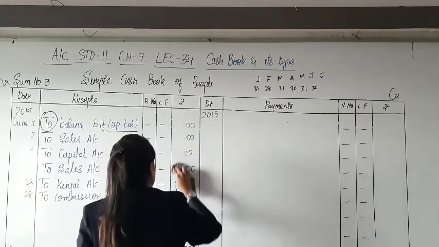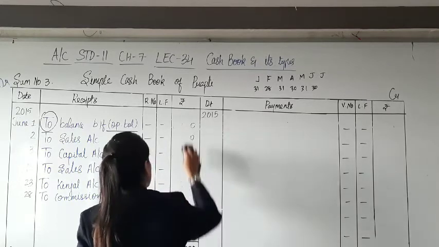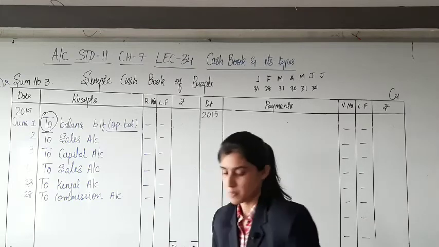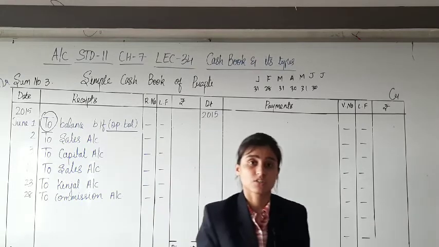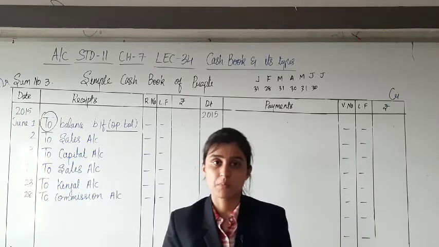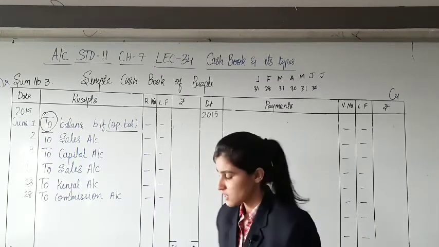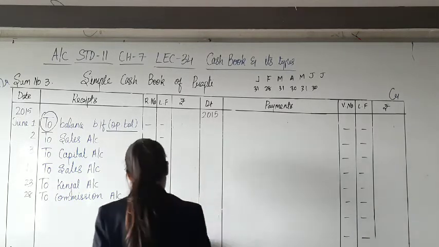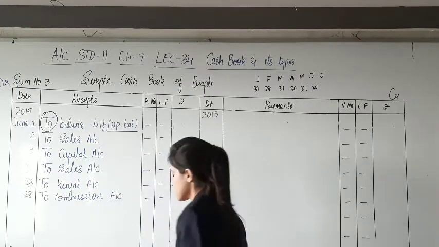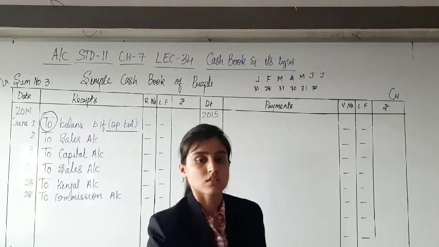The transactions that we have learned in journal about discount and cash, or payment through bank, payment through check, all this type of transactions we have understood.